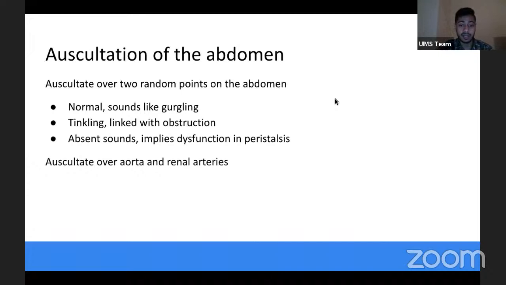Auscultating for the aorta is usually undertaken 1 to 2 centimeters superior to the umbilicus, once again in the midline.